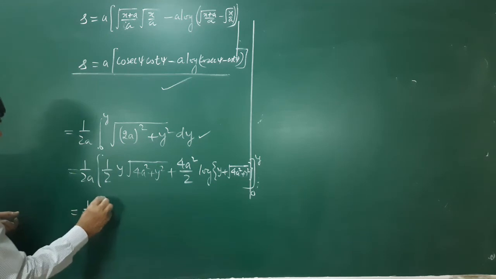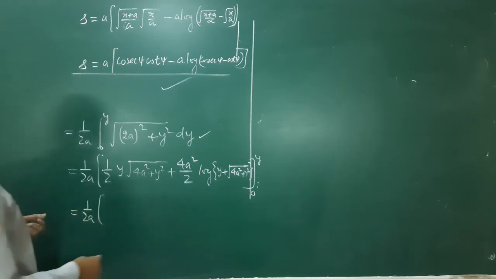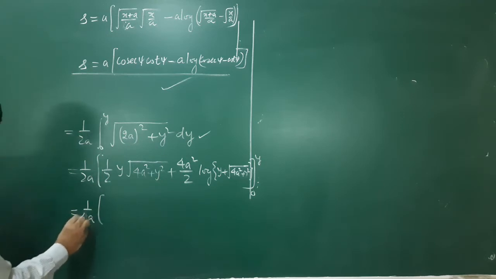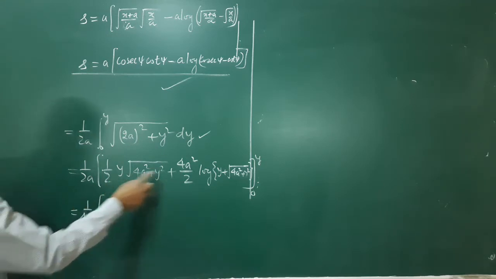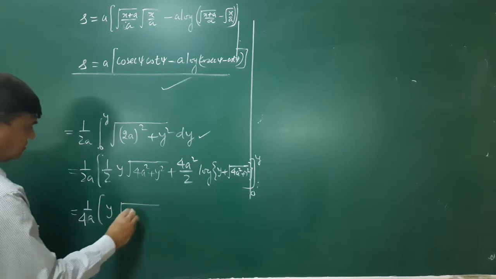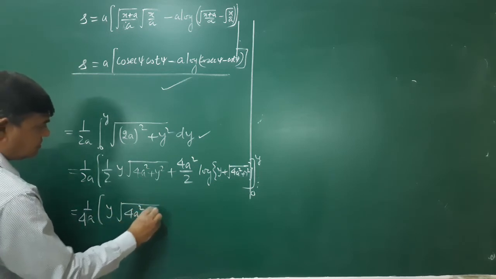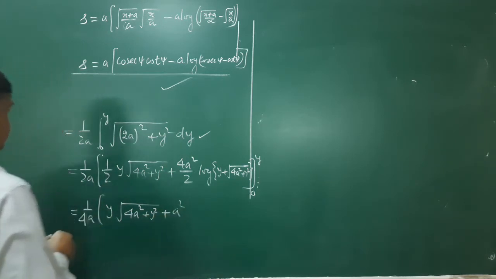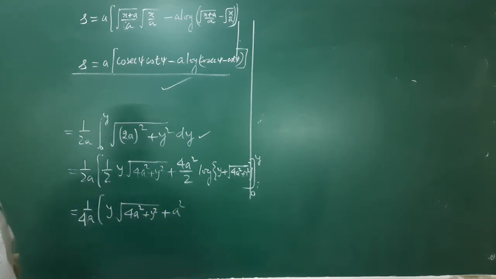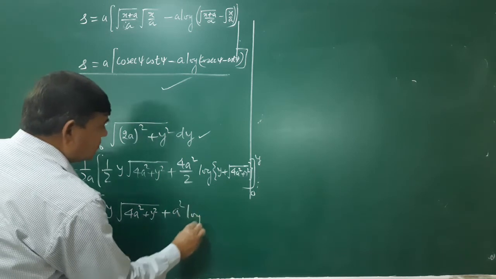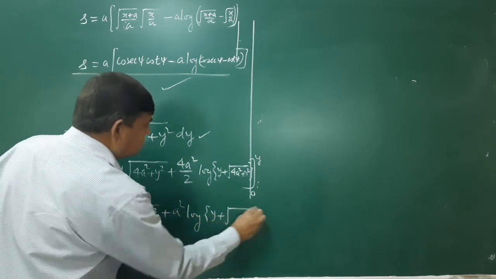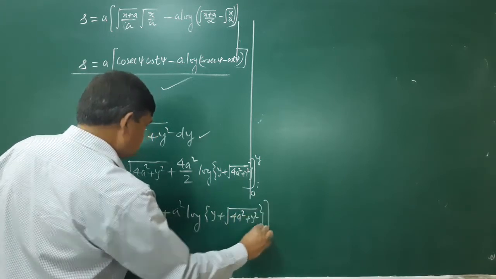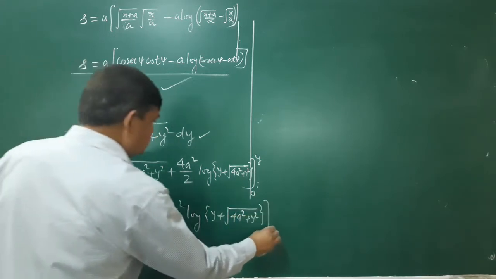It is 1 by 2a, then half, so it is 1 by 4a. And this is y under root 4a square plus y square plus this current a square log y plus root 4a square plus y square. This are at 0 to y.